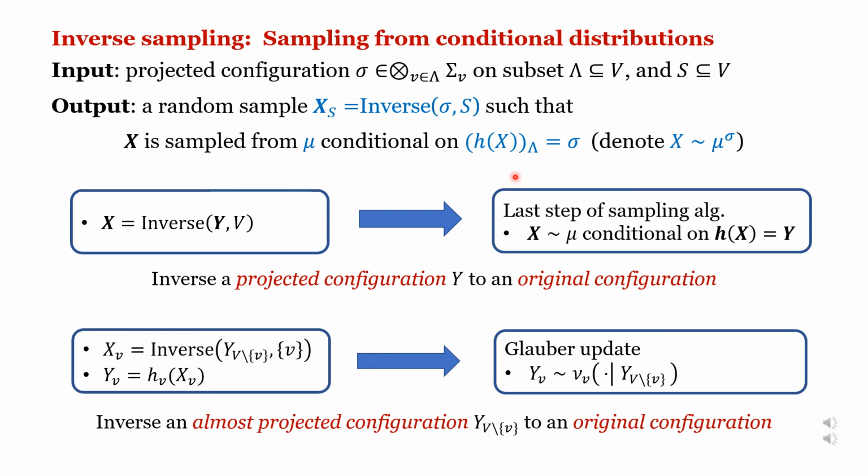Thus, to sample an x from mu conditional on h(x) equal to y, it is to perform the inverse sampling. To perform the global update of y_v, it is to perform the inverse sampling on y_{V\v} for v, and let y_v be the projection of x_v.